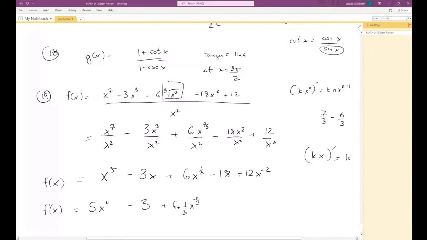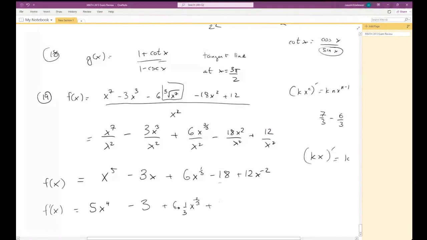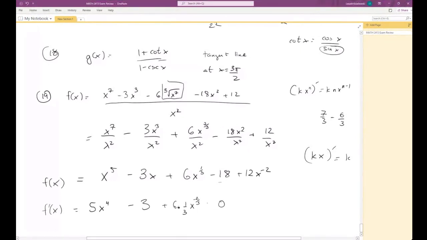Thank you. And what's the derivative of a constant? 0. And then here, yeah, power rule works for negative exponents, so bring down the exponent, subtract 1 from the old exponent.